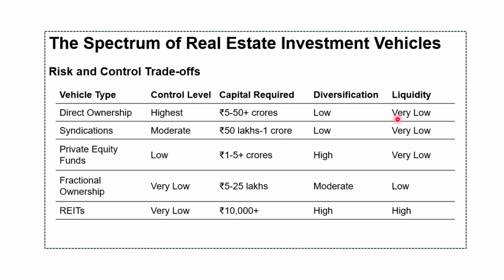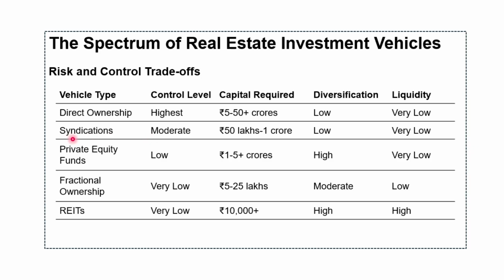It will take time. And then we have syndications, which we will discuss shortly. Here the control is moderate, the capital requirement is 50 lakh to 1 crore, diversification is low and liquidity is also very low.